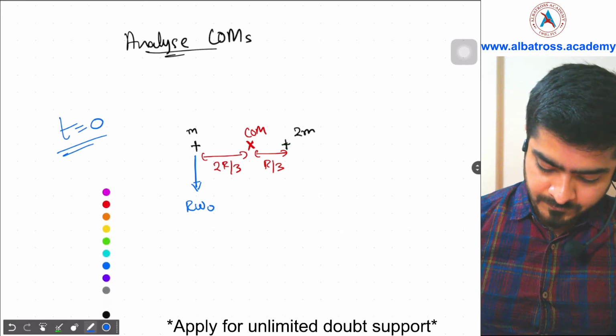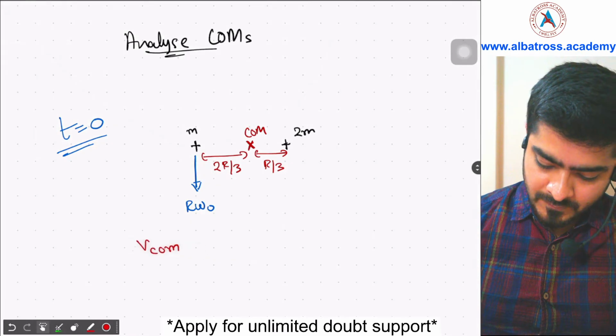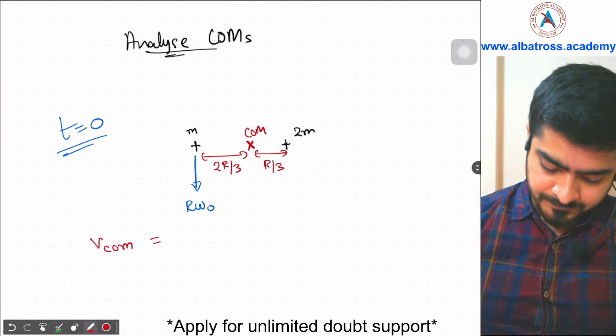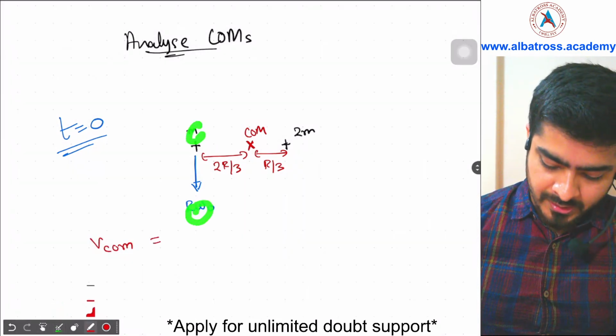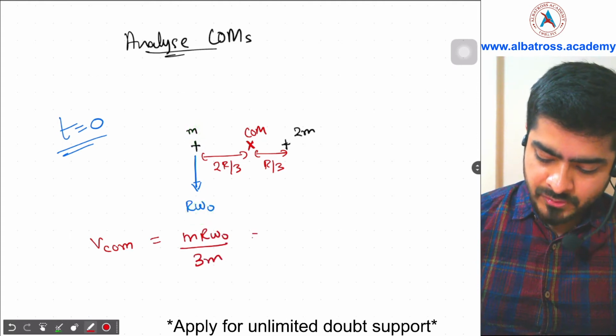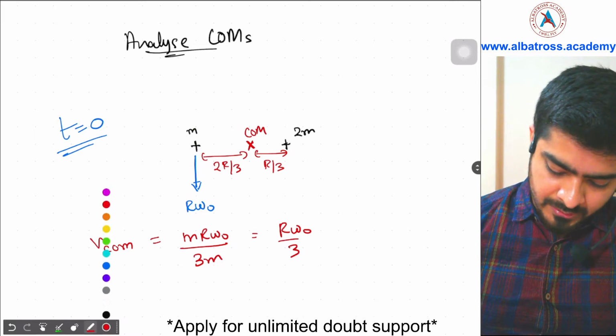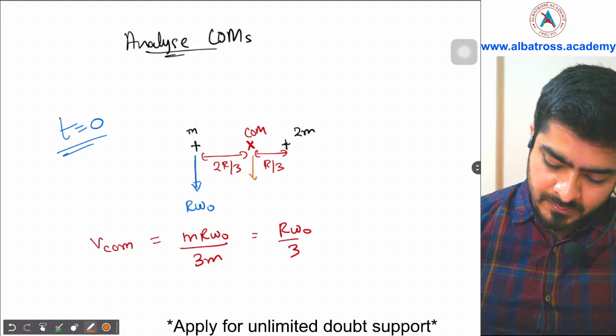So what is the velocity of COM? Velocity of COM will be m times r omega naught divided by total mass 3m, so that is equal to r omega naught by 3, and that is downwards.